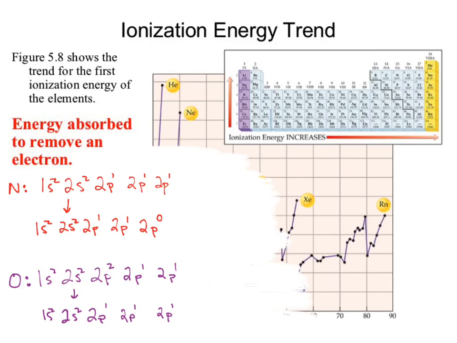Remember that whole half-face thing we started talking about? Symmetry is incredibly important. The more symmetrical that face was, the more attractive they were. Take a look at nitrogen's ground state before we removed an electron. I have three 2p orbitals. Every single one of those 2p orbitals has a single electron in it. How symmetrical is that?